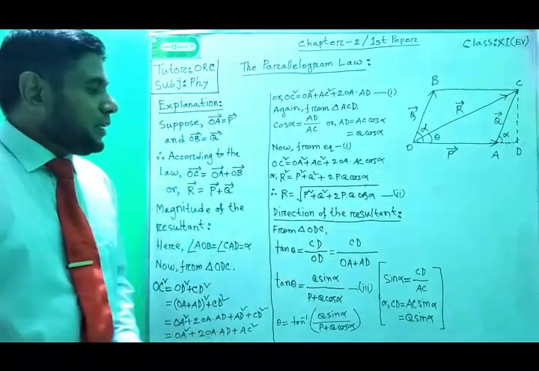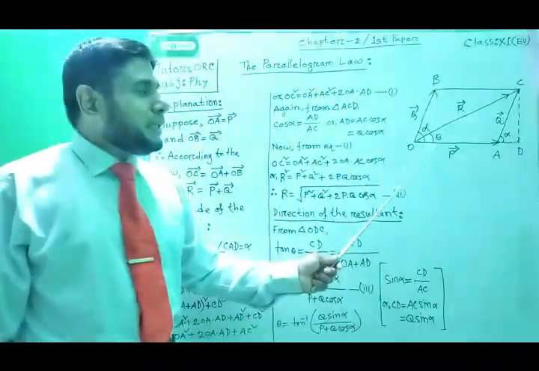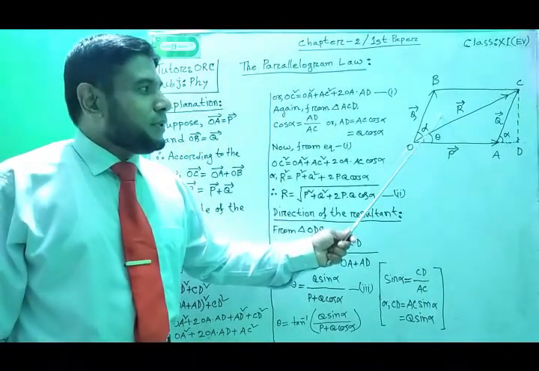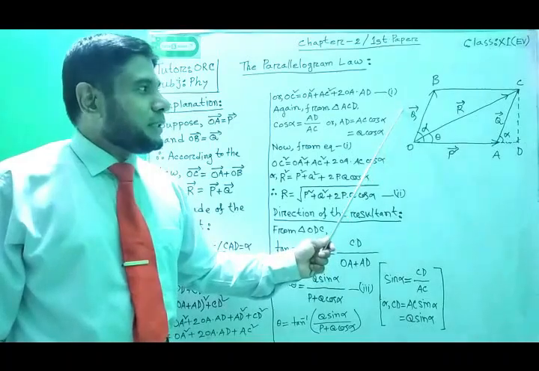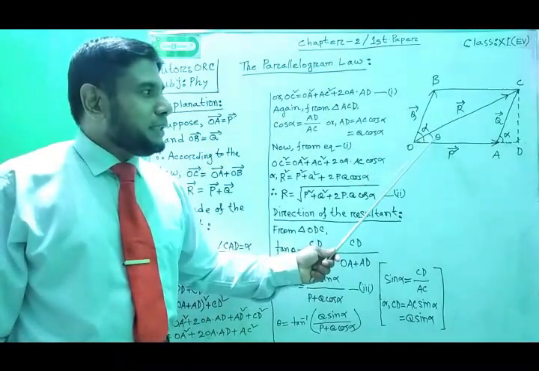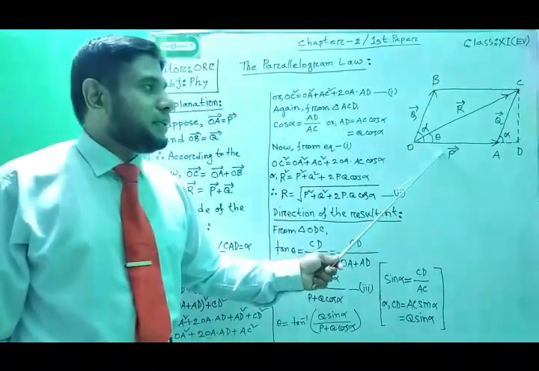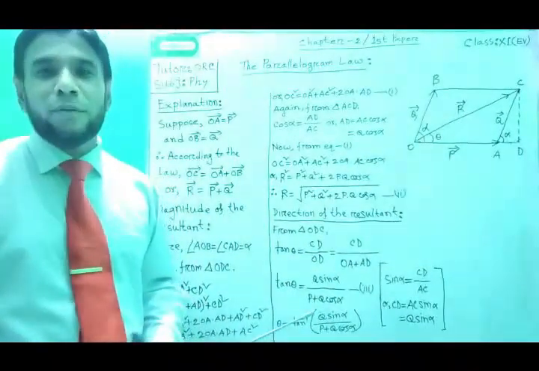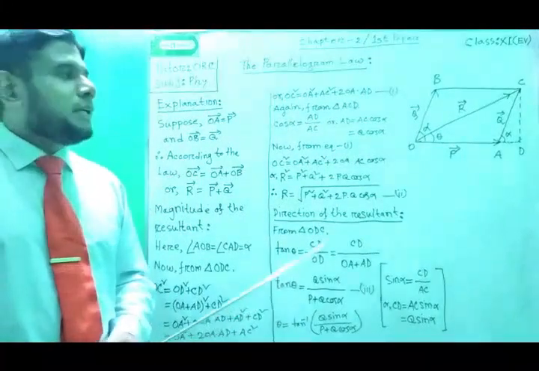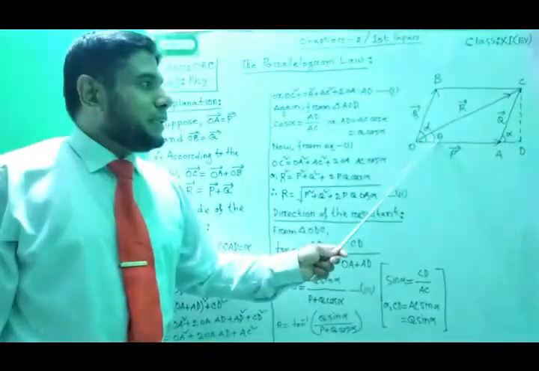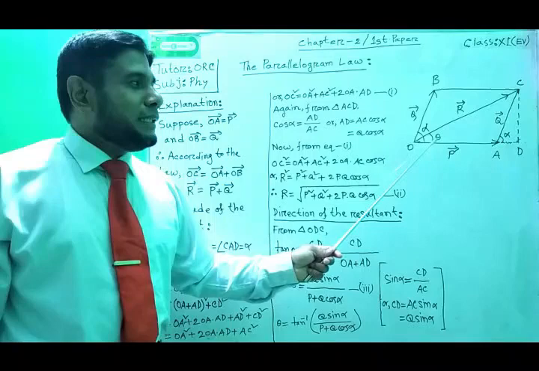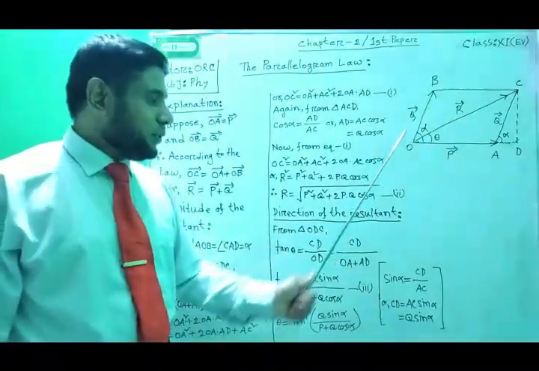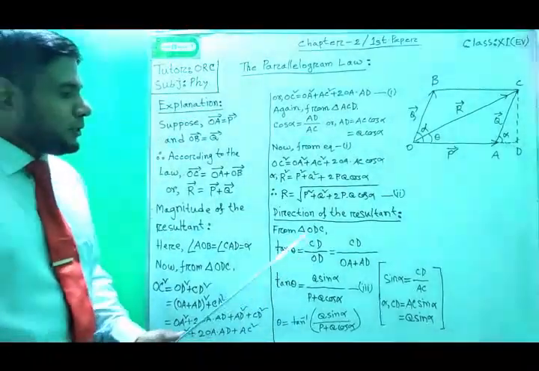Here suppose we have taken the resultant vector of those two vectors. It has created the angle theta with the vector P. Now, if we can find the value of the angle theta, then we will easily get the direction of the resultant vector. So let us find the direction.